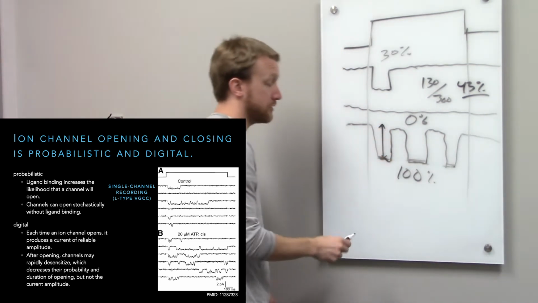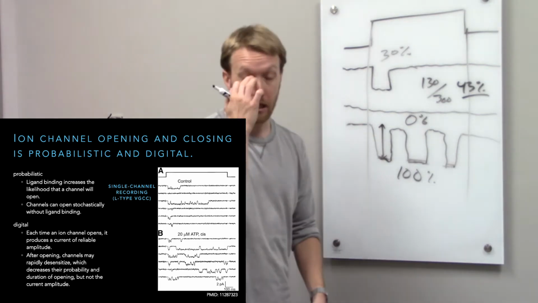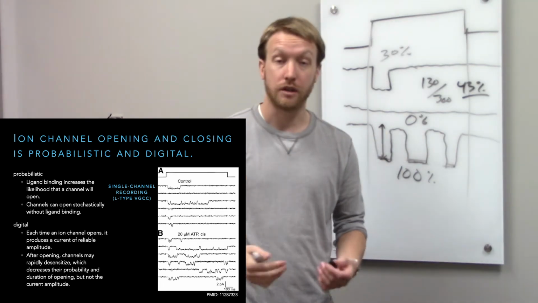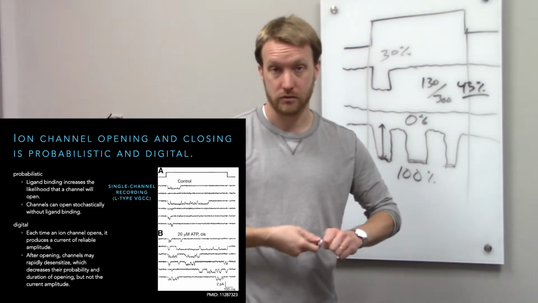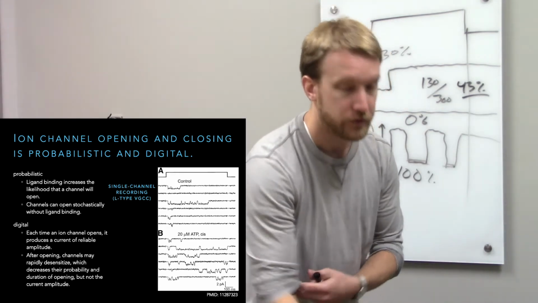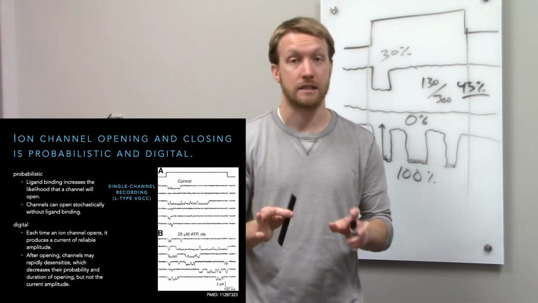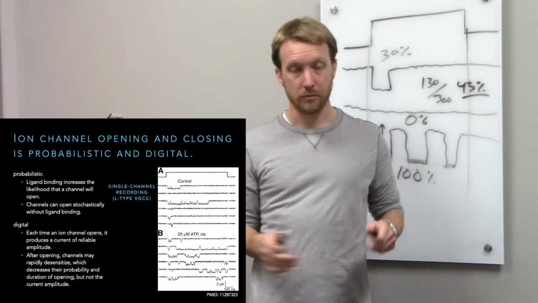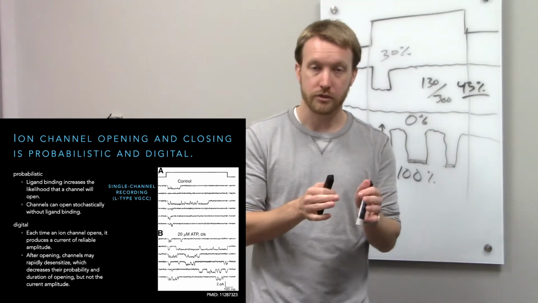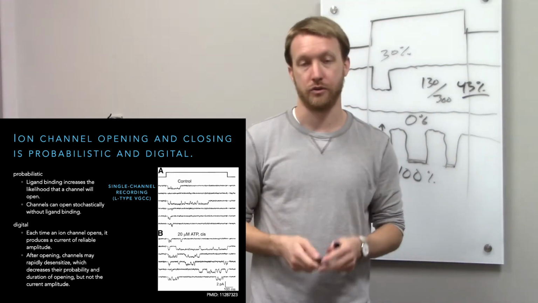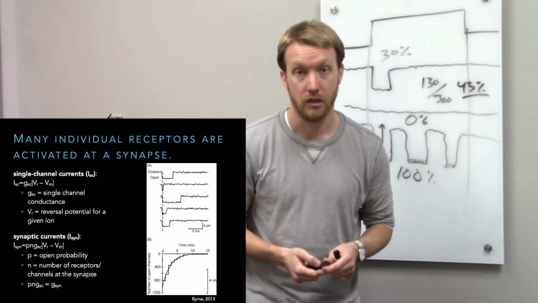That's the key feature. It's always going to give you that reliable current, so long as you have the same driving force. You know you're going to have the same ion imbalance. That's constant. But at a given membrane potential, you should have a reliable current from each individual channel.